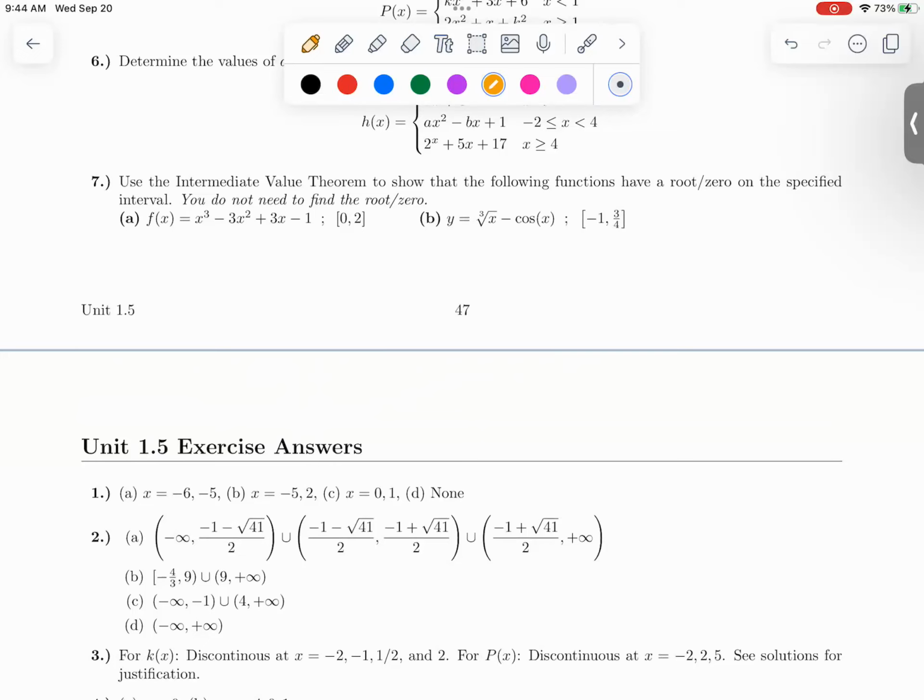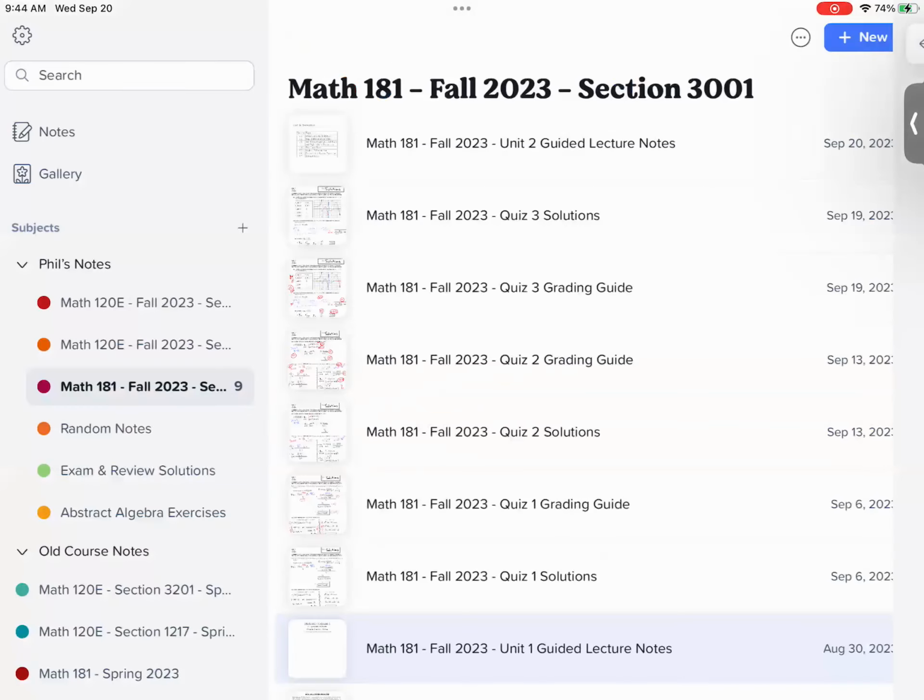Our exam 1 covers unit 1 and section 2.1, and you'll see why once we actually start talking about section 2.1. For section 2.1 for the exam, I highly recommend looking over the unit 2.1 exercises as your study guide. There's some very, very good problems in there.